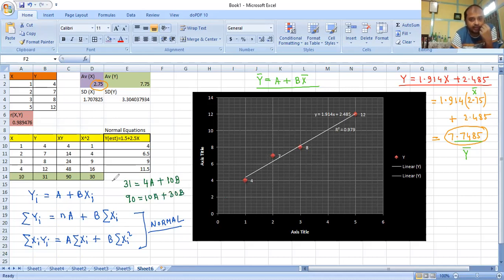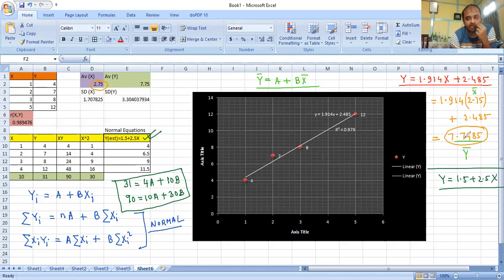Now you can solve these equations for a and b. If you solve it, you will find the equation is of the form 1.5 plus 2.5x. Our line of best fit was 1.914x plus 2.485. And we have got another equation, y equal to 1.5 plus 2.5 into x.